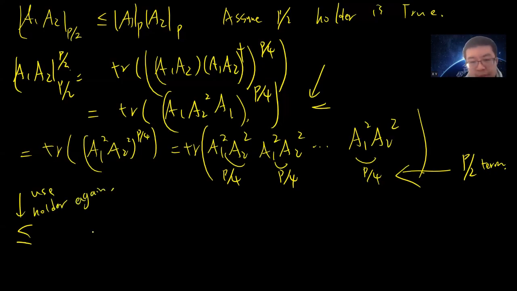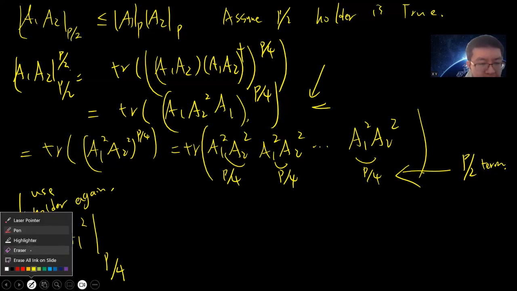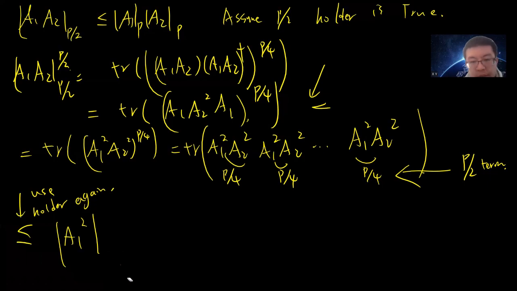Once you do this, you get A1 squared to the p divided by 4. Let me just see. So you can use Holder again. You have p divided by 2 terms, so your Holder inequality should be with p divided by 2, because you have p divided by 2 terms.